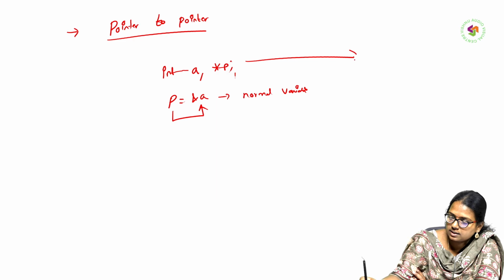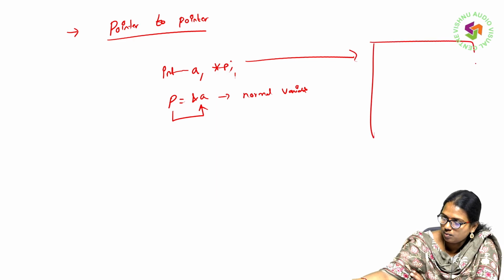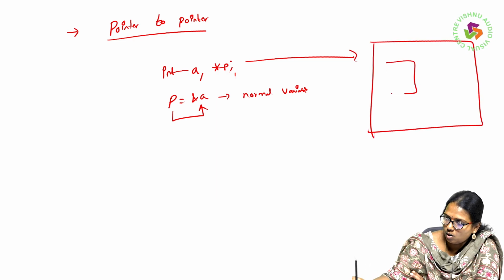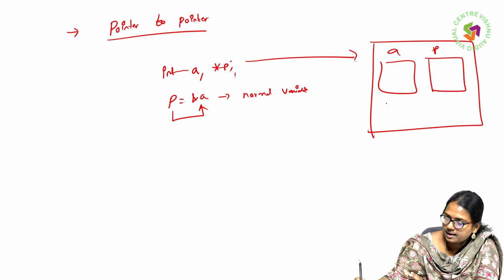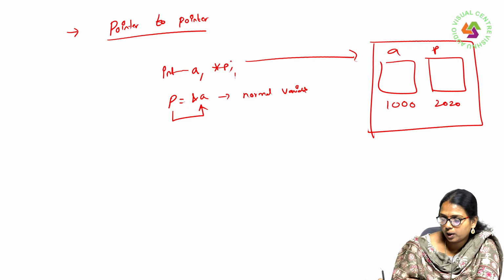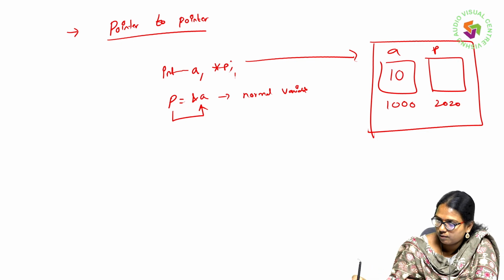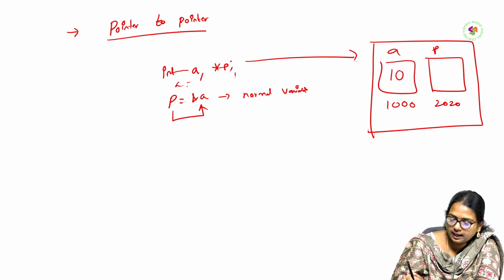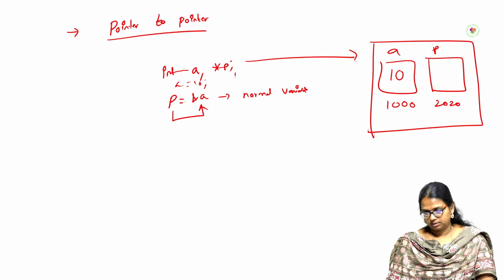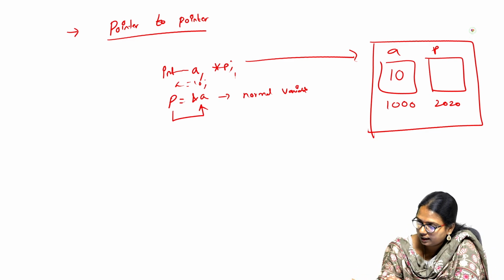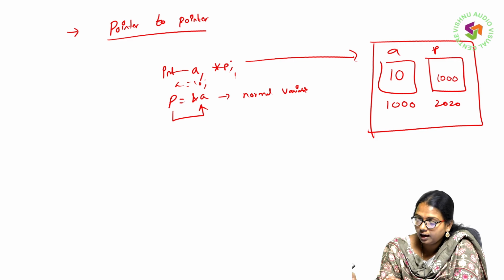Internally, we'll have one A and one P with some addresses, like 1000 and 2020. Assume A is equal to 10. Now P has the address of A, 1000.